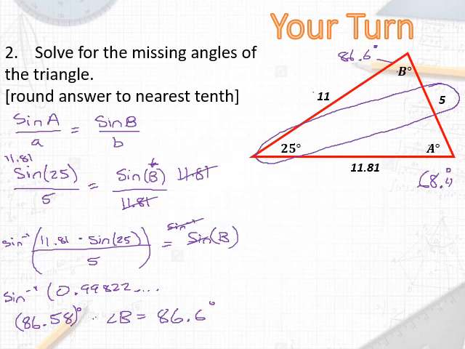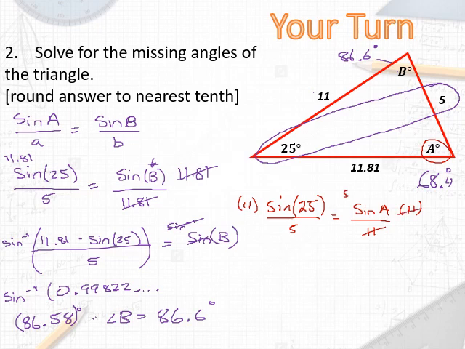So what we're going to do is we're going to solve for angle A using law of sines, just in case. So we will go back to this 25 and 5. So that'll be sine 25 all over 5 is equal to sine A over 11. Same process as last time, multiply by 11 on both sides.